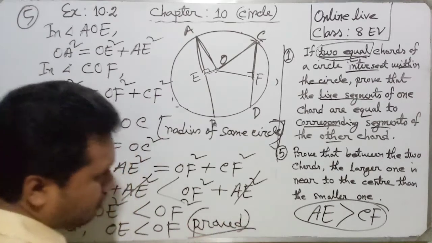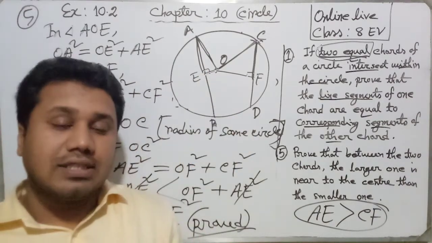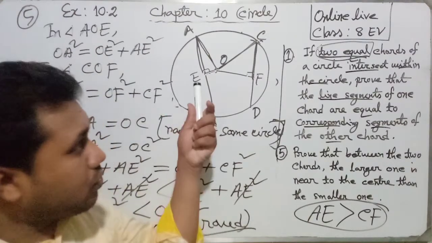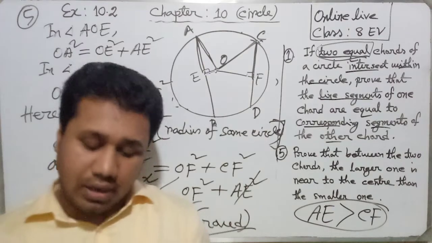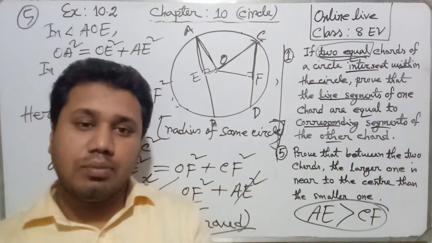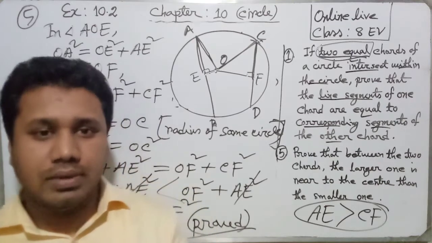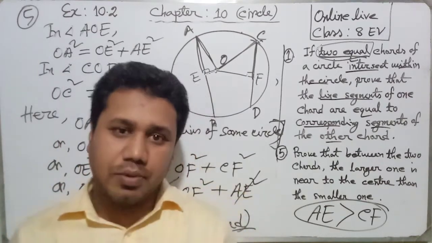Very simple dear students, and these two maths are most important, not only in exercise 10.2 but in the whole chapter, that means circle. Now dear students, problems number 2, 3, 4 are the easiest problems in exercise 10.2, and problem number 6 will be a creative question.